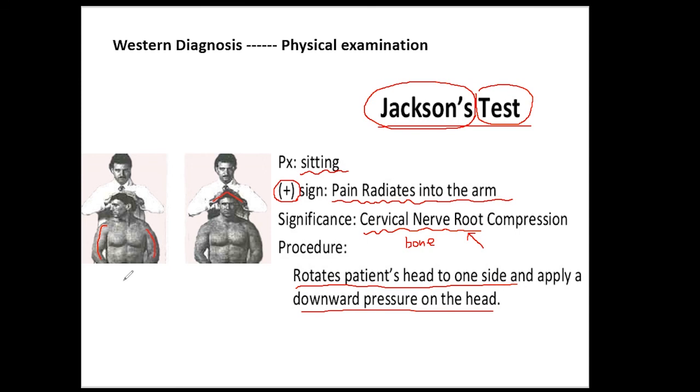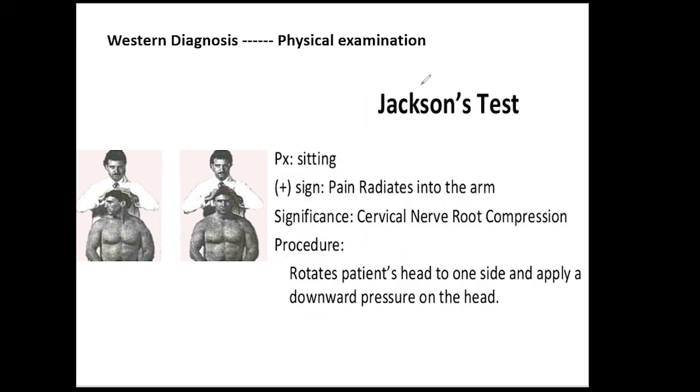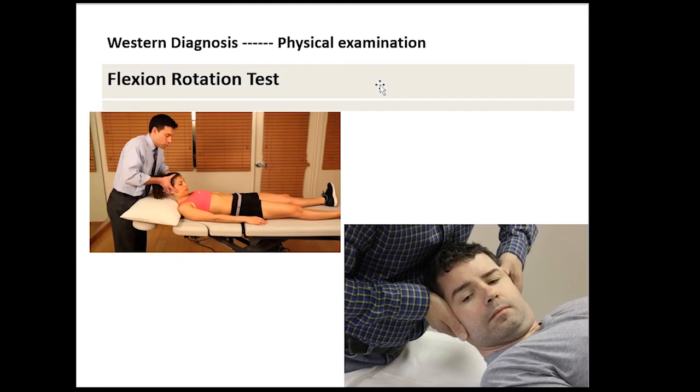Whichever side is painful, the problem is mainly on that side. So we are checking the neck area for bone problems that cause the patient pain. That's what we call the Jackson test.